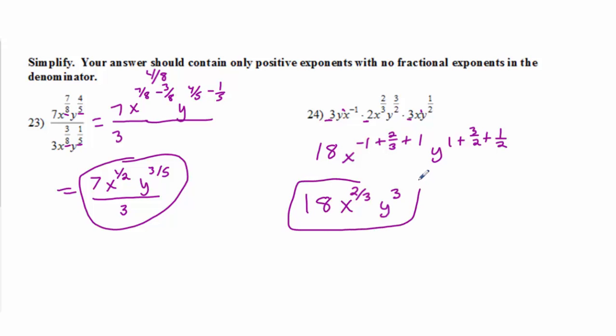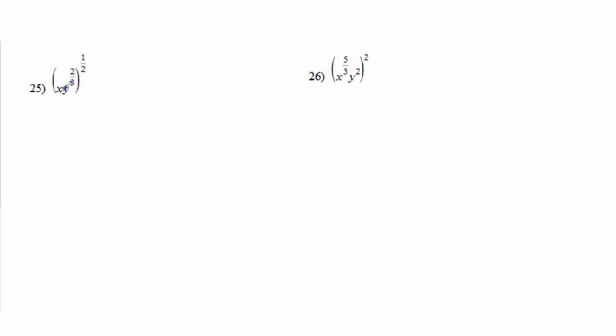This is our answer. If there is a parentheses with an exponent on the outside, we're going to give everything inside of our parentheses that power. So x doesn't have an exponent, so it's 1. So that means x is going to get the 1/2 power.